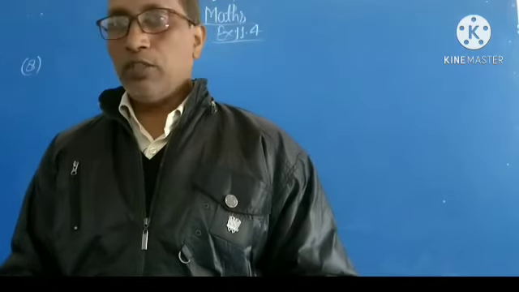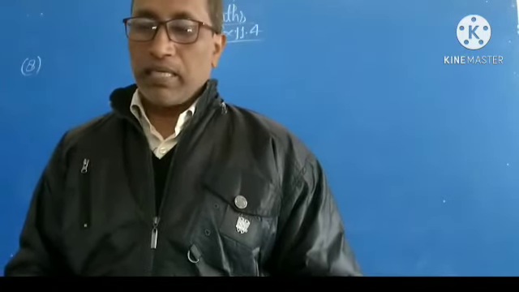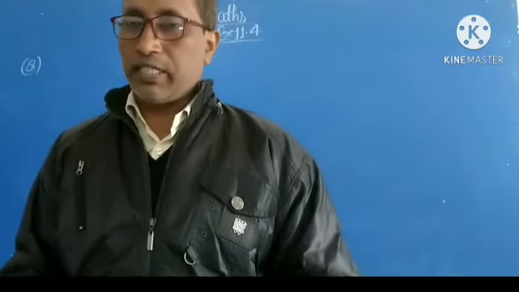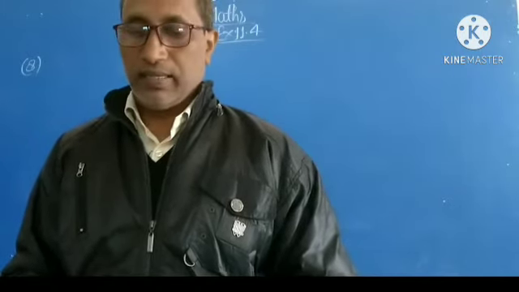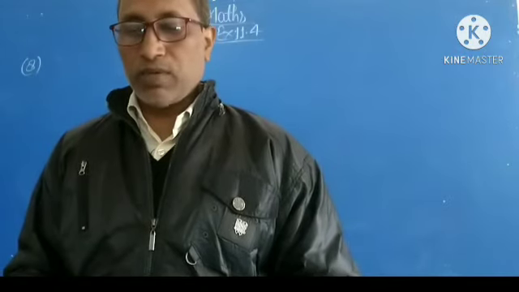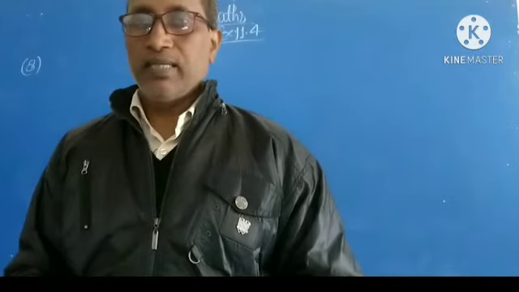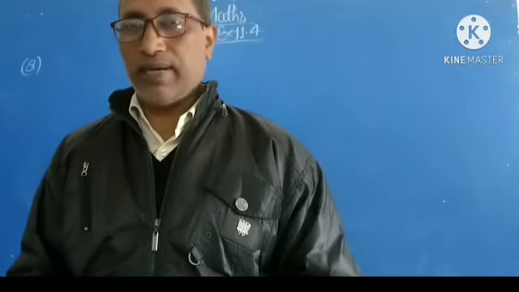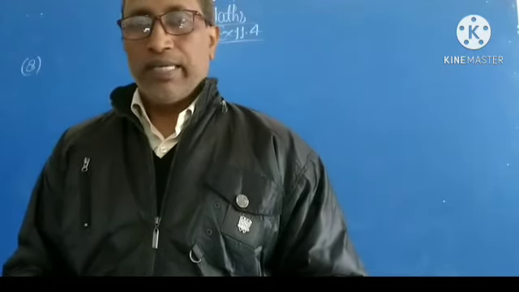You convert volume into liter by multiplying 1000, because 1 meter cube is equal to 1 kiloliter and 1 kiloliter is equal to 1000 liter. Then you divide this volume by 60 liters. Then you get the time taken to fill the reservoir in minutes, and then you convert minutes into hours by dividing by 60.